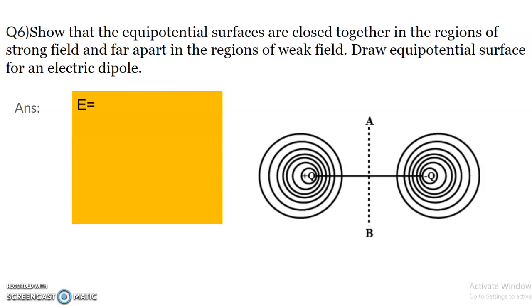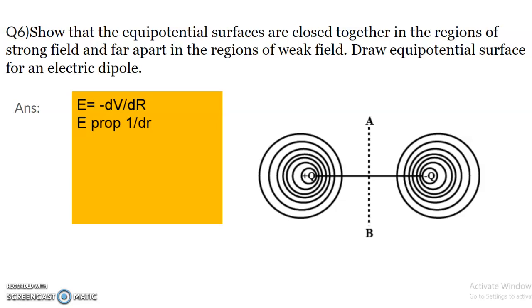So E is equal to minus dV by dr, okay, where E is the negative potential gradient, okay, and whenever there is going to be a change in dV, E is going to be inversely proportional to dr, that is proportional to 1 by dr, where dr is going to represent the distance between the equipotential surfaces.